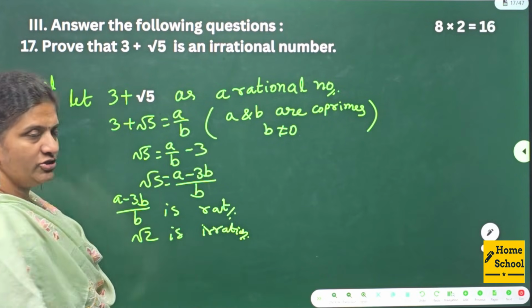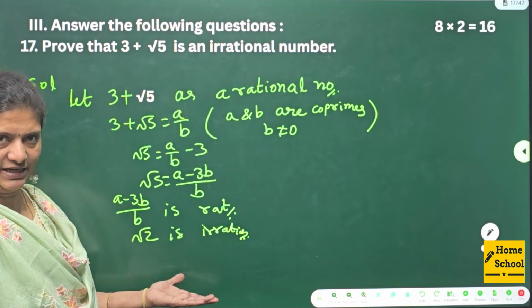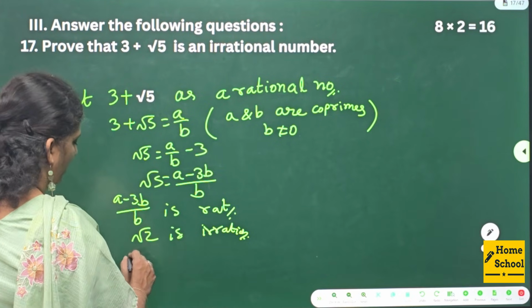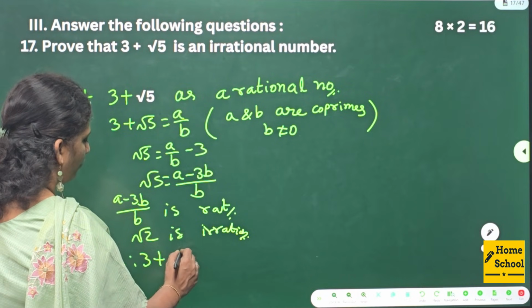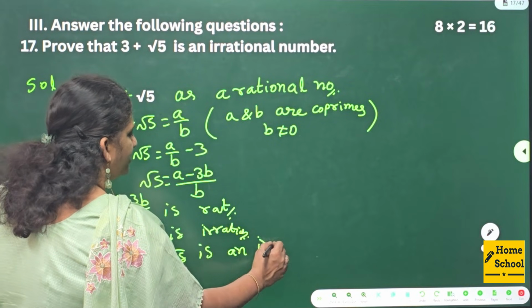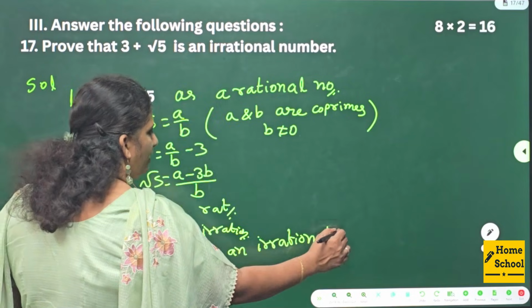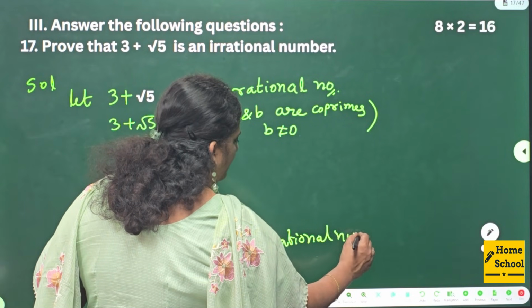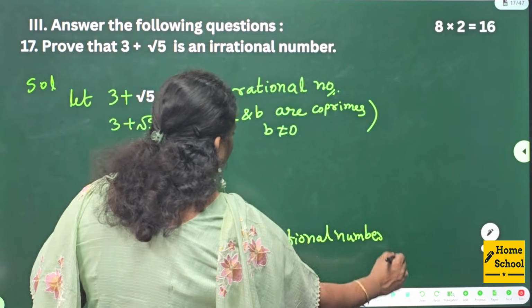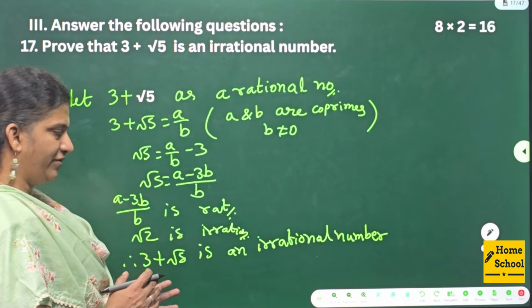Therefore, my assumption is wrong. I cannot assume these two as equal. Therefore, finally 3 plus root 5 is an irrational number. Right? In the exam, you elaborate this problem and write.